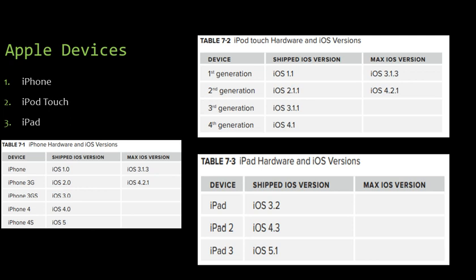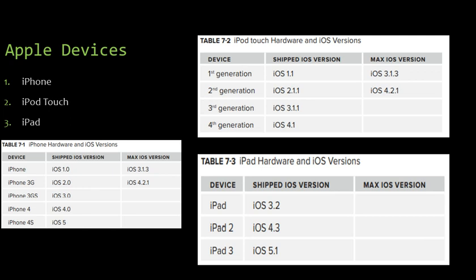So it is important to understand. As a developer, it is important for us to understand the relationship between the iOS hardware as well as the software. What we want to say here is not all versions of iOS will run on all of iOS hardware.